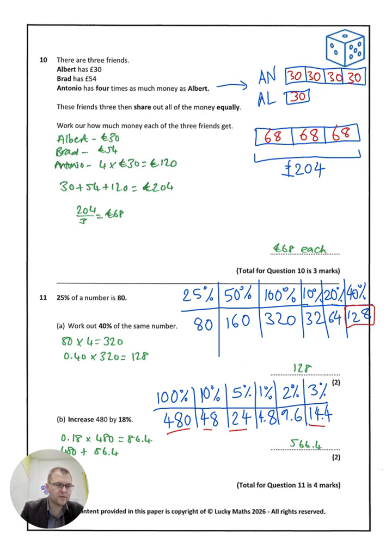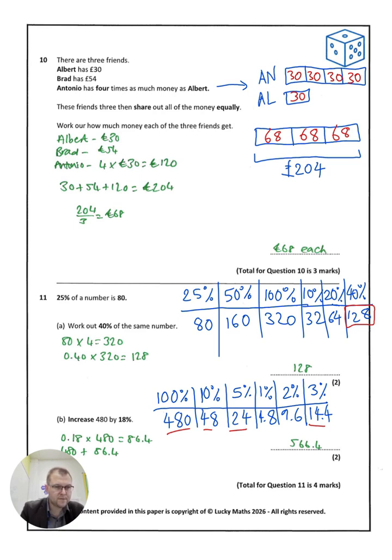I've used a bar model here to show the £204 split 3 ways to get 68, but like I said, I would expect most students to hopefully use the calculator to do most of the work. But again, it's just sometimes the statements and the understanding to get that far.